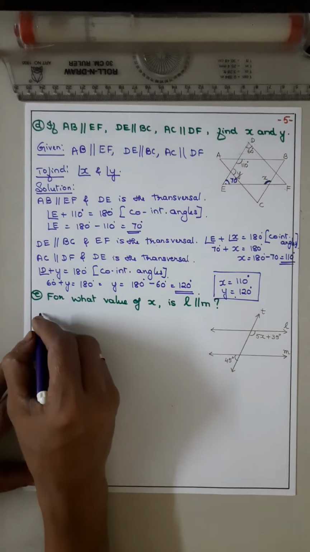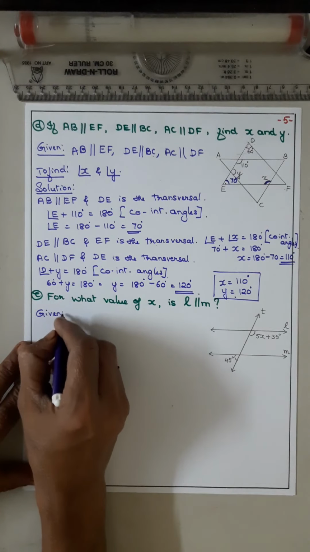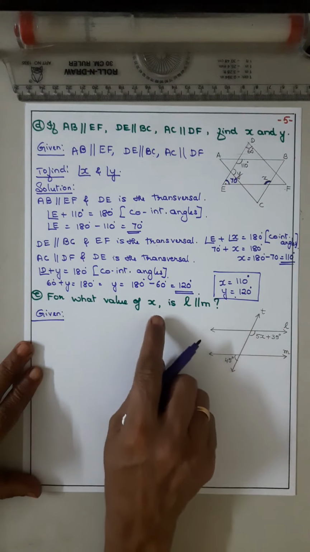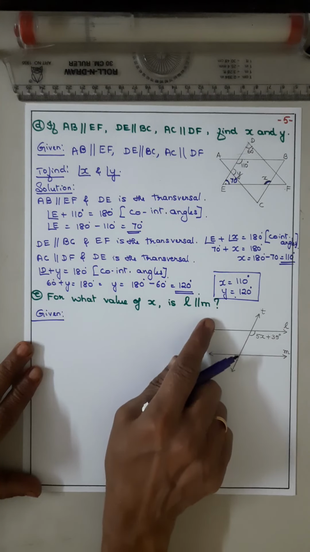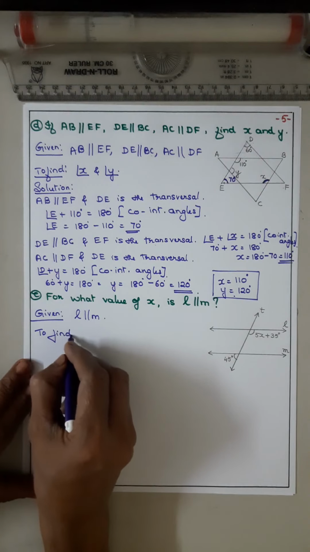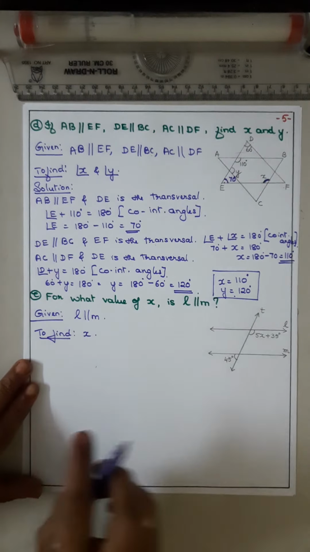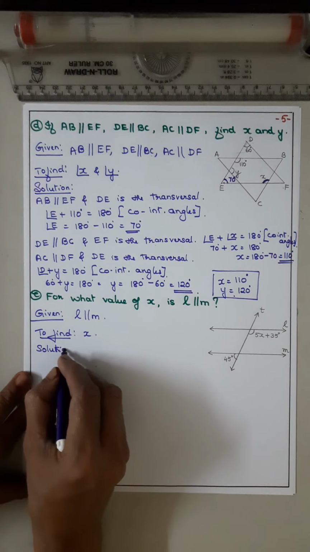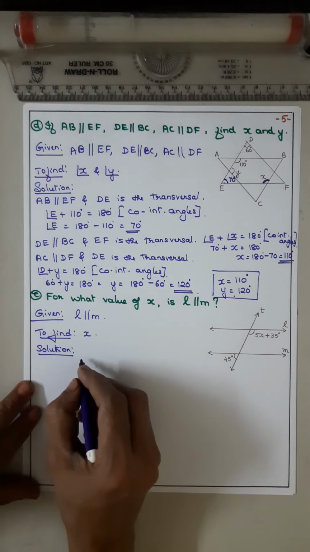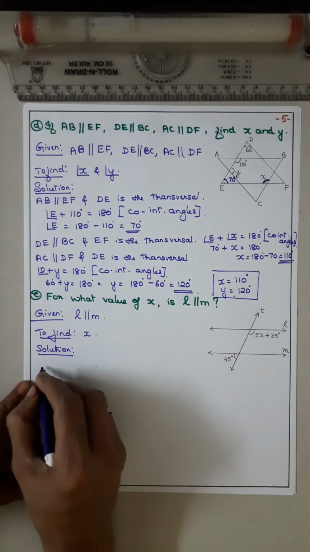It is given that L is parallel to M. What is the value of X? So first we assume L is parallel to M and find out X. We are considering L parallel to M and T as the transversal.